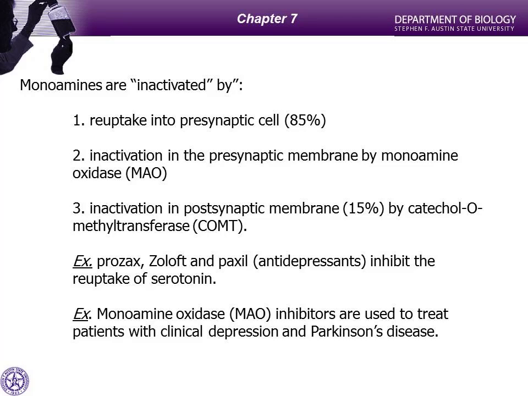If you lower the concentration, you lessen the chance of that neurotransmitter finding its receptor. Now, acetylcholine esterase, remember, was in the membrane of the postsynaptic cell. Here we have an enzyme called monoamine oxidase, but it's in the presynaptic cell membrane. And that's going to inactivate a small part.